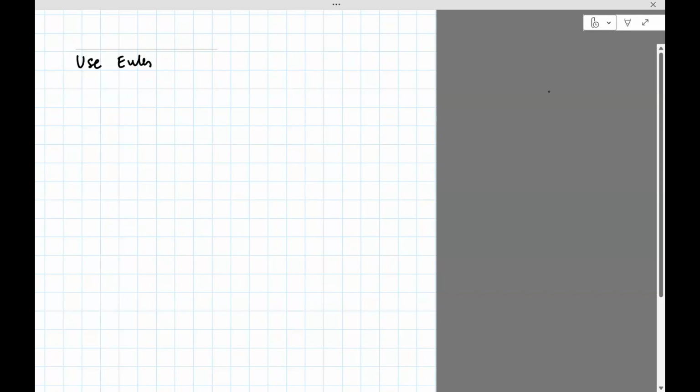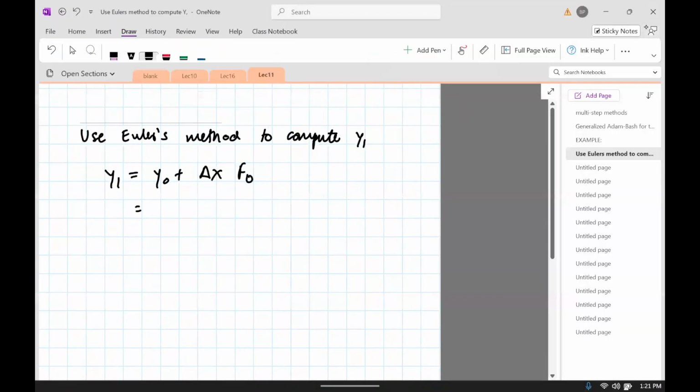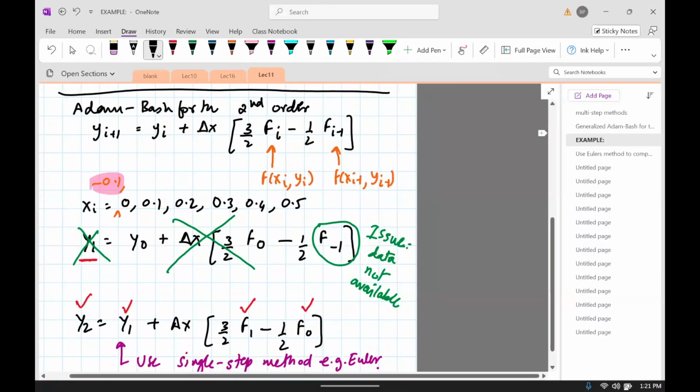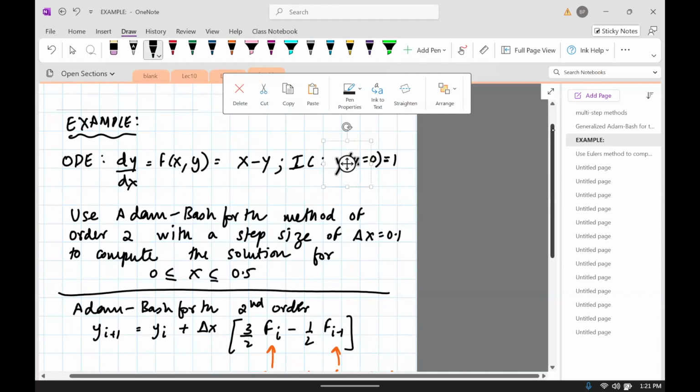Use Euler's method to compute y1. So y1 equals y0 plus, Euler's method is delta x times f of i, or f of 0. So y0, our initial condition, was given to us as x equals 0, y is 1.